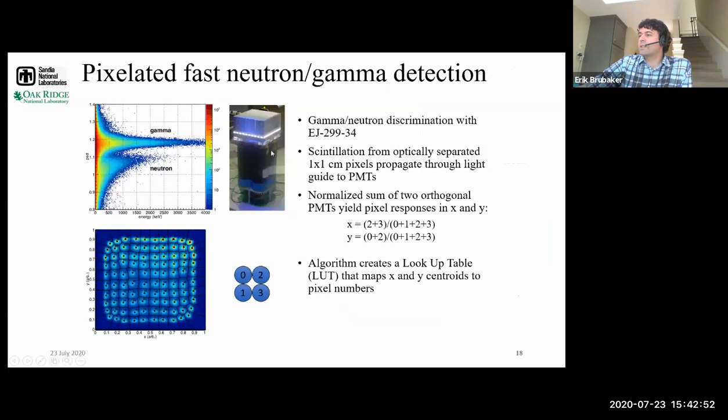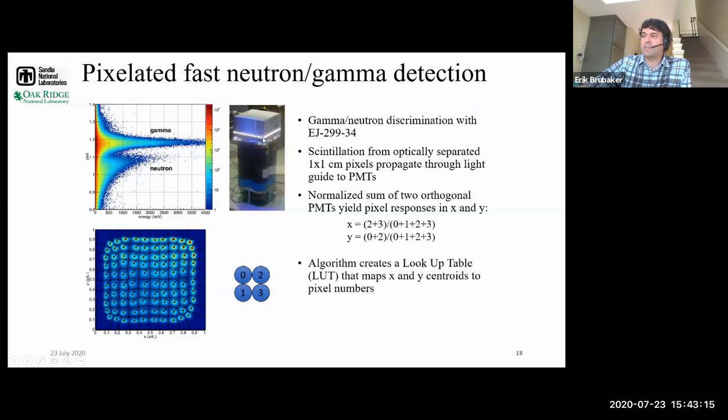So just a little more detail on the detector system for those of you who are interested in neutron detection. Each of these block detectors is 10 by 10 pixels, 1 centimeter each. So the total area here is 10 by 10 centimeters.